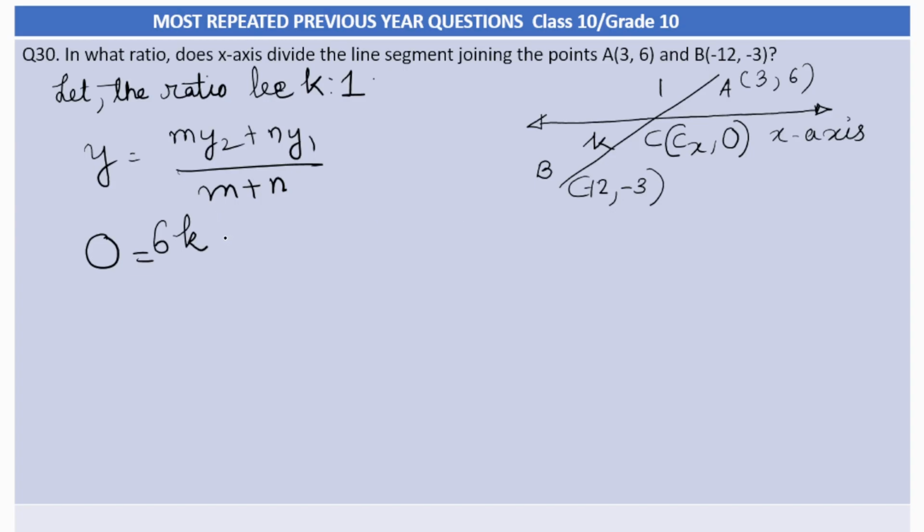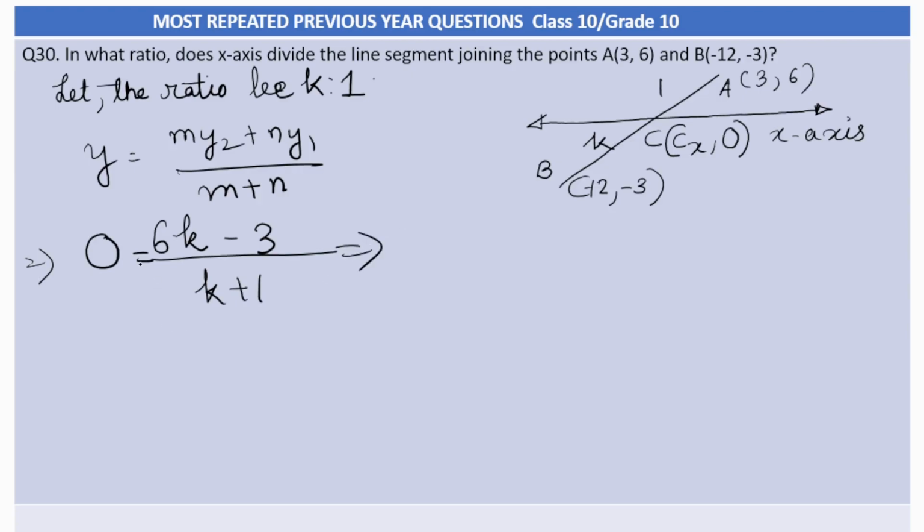So minus 3 into 1 is minus 3, divided by m plus n, which is k plus 1. So we have substituted all the values in the section formula.